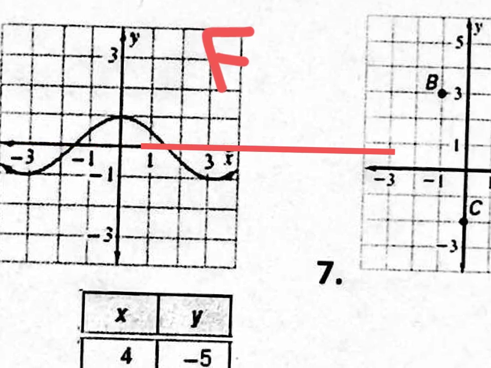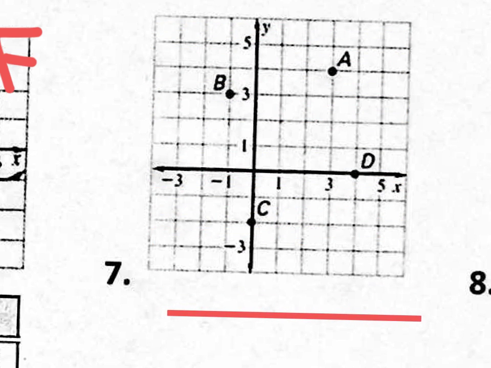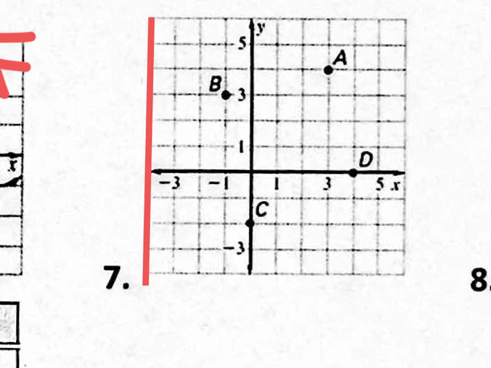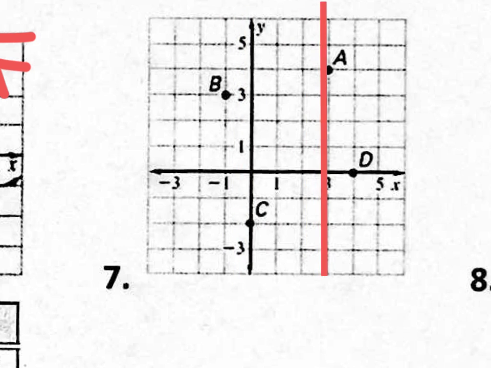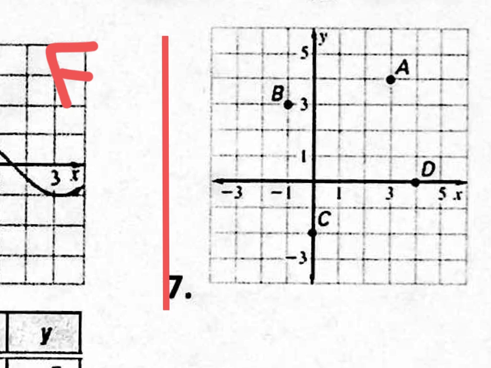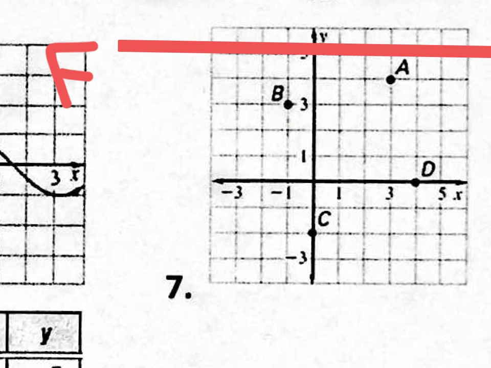Let's look at this next one. Is this guy right here a one-to-one function? Before saying that, we should first start with, is it a function? Is number 7 a function? Yes, it is. Because if I did my vertical line test, it would pass. It touches at one point, one point, one point, one point. So it is a function, and I could already put an F right there.